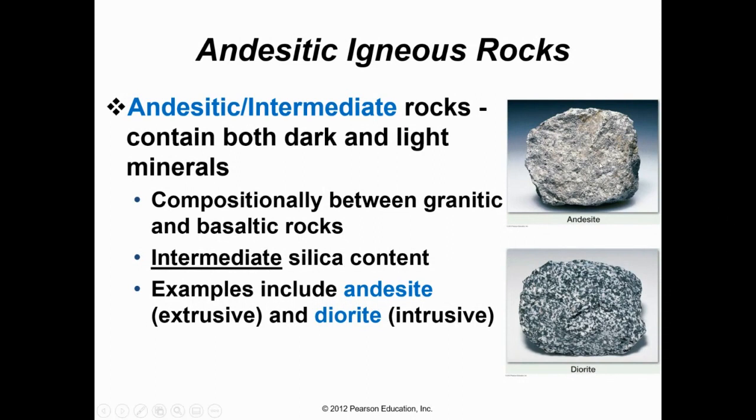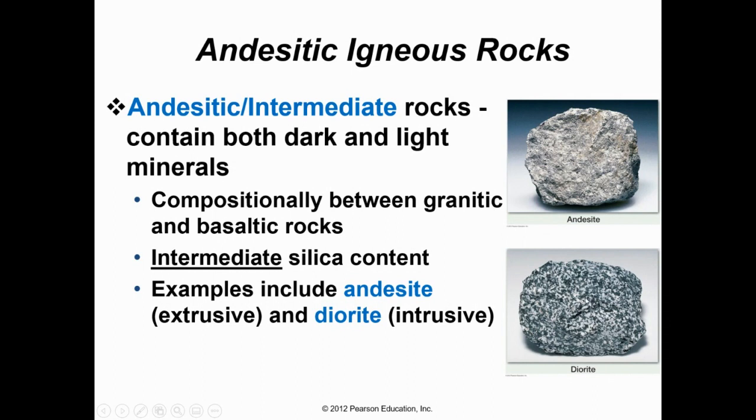So what we're seeing here up at the top is andesite. Okay, that's a rock that forms the high peaks of most of the Andes in South America, hence the name andesite. That is the extrusive version of the intermediate rocks. And then you have diorite. Diorite is the intrusive version.